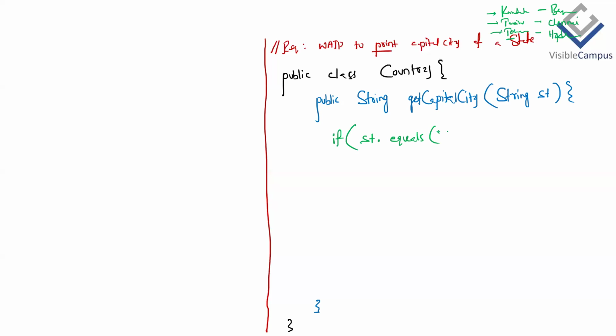To compare the value Karnataka, as a programmer I am giving my input with the K in capital, Karnataka. For this, what is the expected result? We have to print or return Bengaluru.